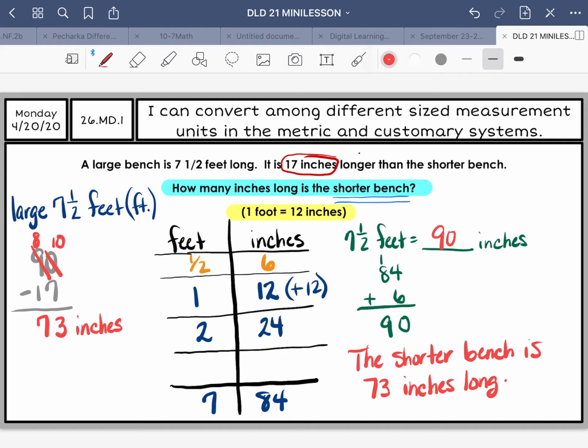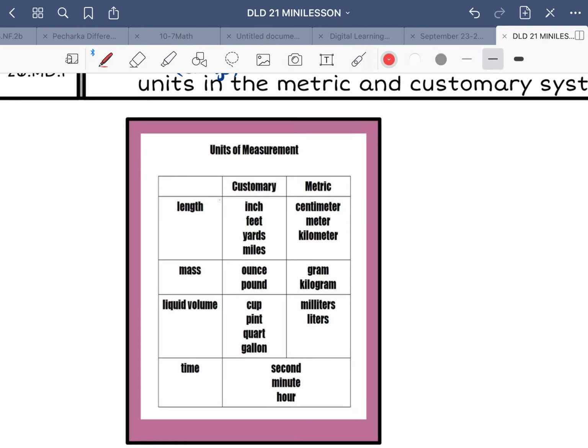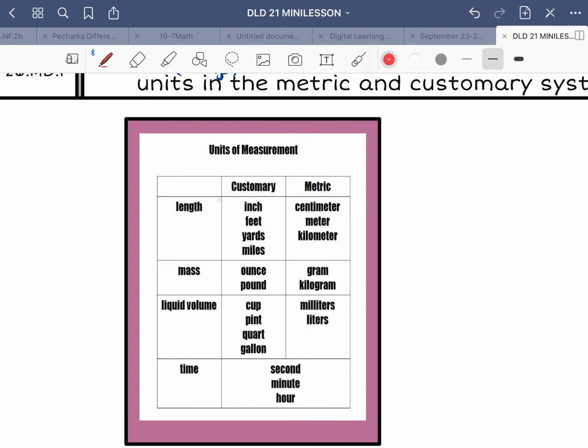Now, one of the things I really want to point out to you is that we were using feet and inches. And if we go back and look at our table or our chart, we know that feet and inches are a part of the customary system of measurement.